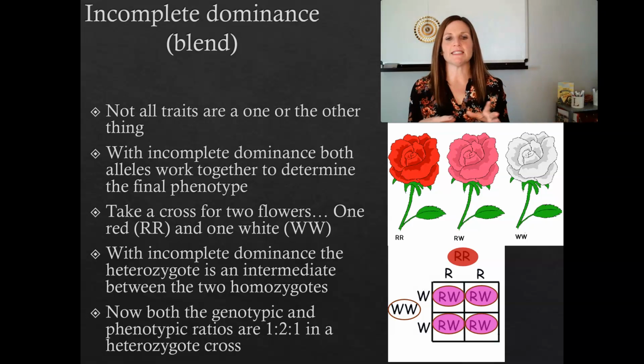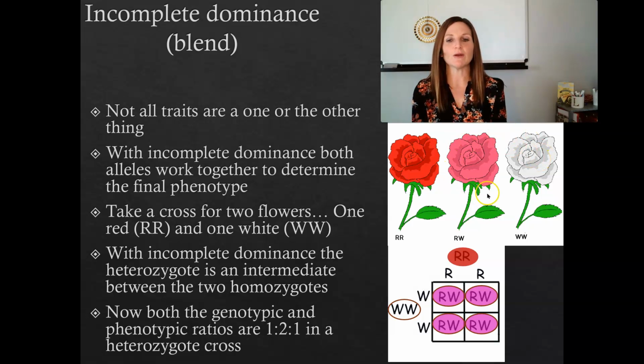With incomplete dominance, the final phenotype is a blend or an intermediate or a compromise between the two phenotypes. For example, we have this picture here of a red rose and a white rose.